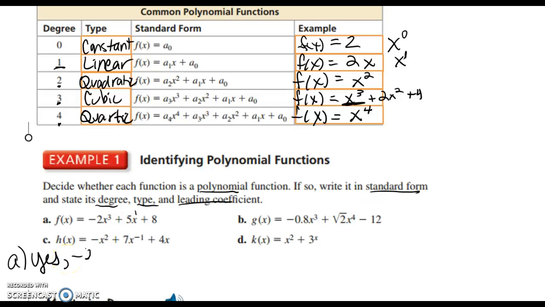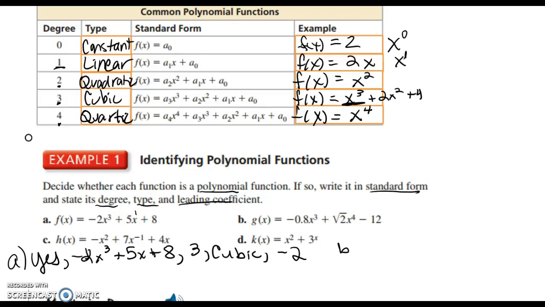It actually already is in order, so I'm just going to recopy it down. Next, state the degree. The degree is the same as the highest power, so the highest power is 3. If it's a 3, that means it's a cubic. The number in front of the x cubed is -2, and that's the leading coefficient.